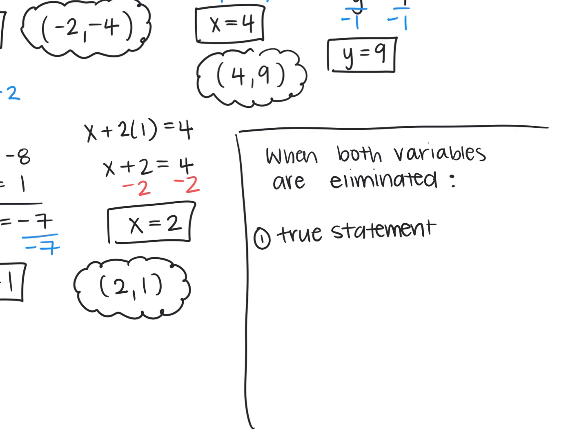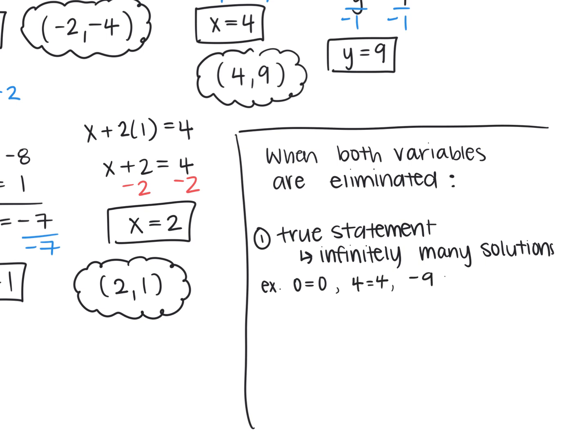When that happens, we have infinitely many solutions. So a true statement could be 0 equals 0. You could get 4 equals 4, or you get something like negative 9 equals negative 9. So it's not required to be 0 equals 0, although that is the most common solution. It is not the only one you could get.